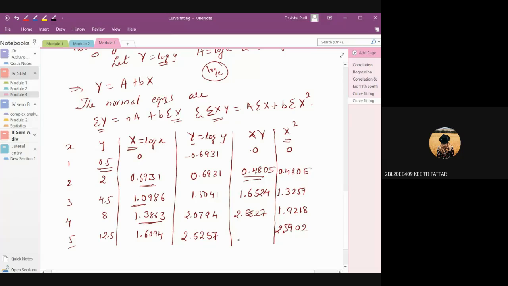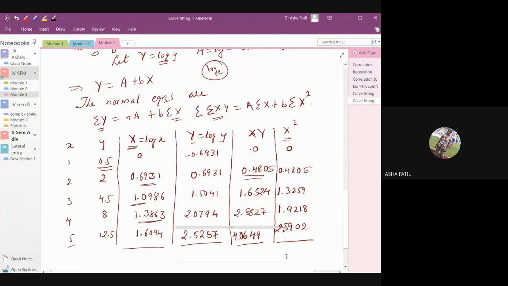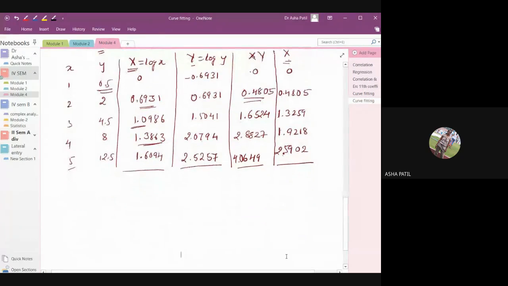4.0649. Okay. Now don't go for summation of small x. We want only summation of capital X, capital Y, xy and x square.